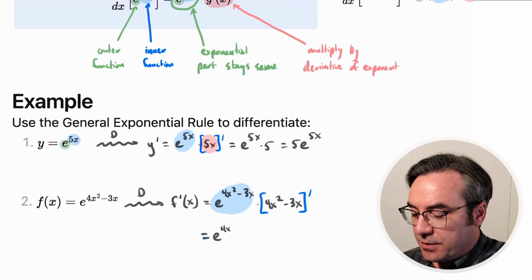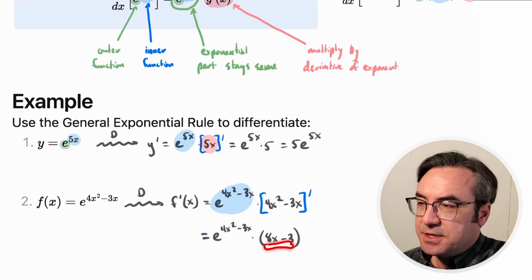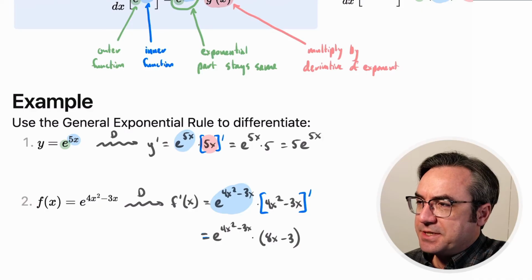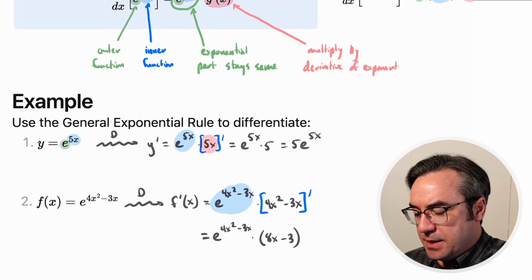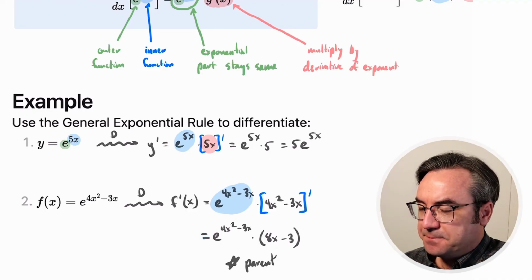E raised to the 4x squared minus 3x times, and then we end up with 8x minus 3. And because there's some addition and subtraction going on in here, we need those parentheses. All right. So that's the general exponential rule. Again, remember those parentheses.